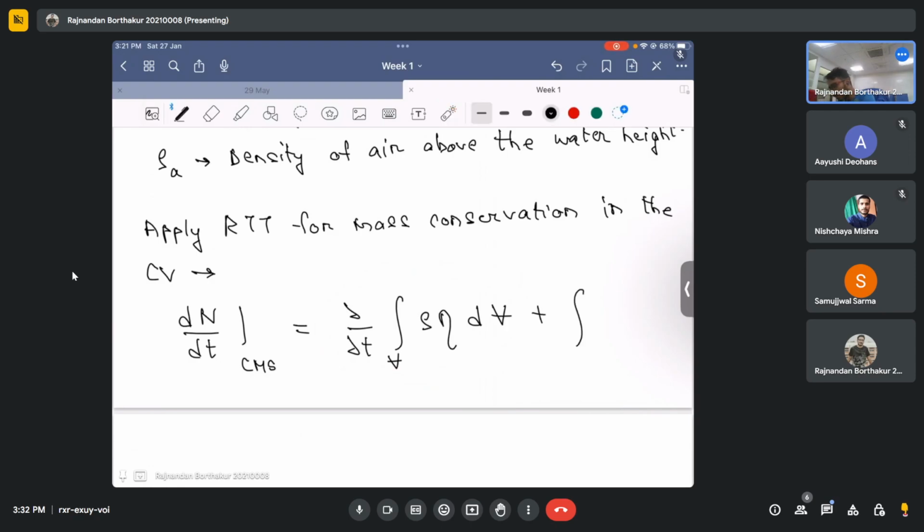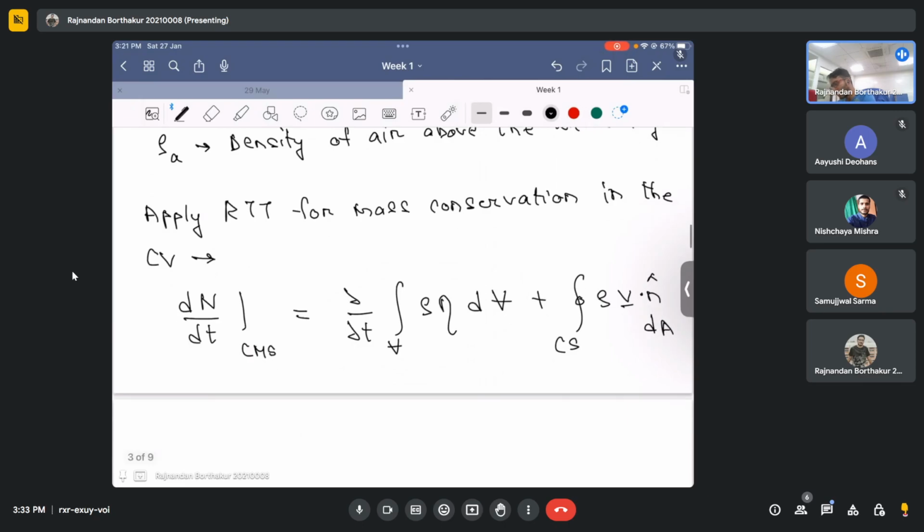The net efflux term is denoted by a surface area integral of this term.